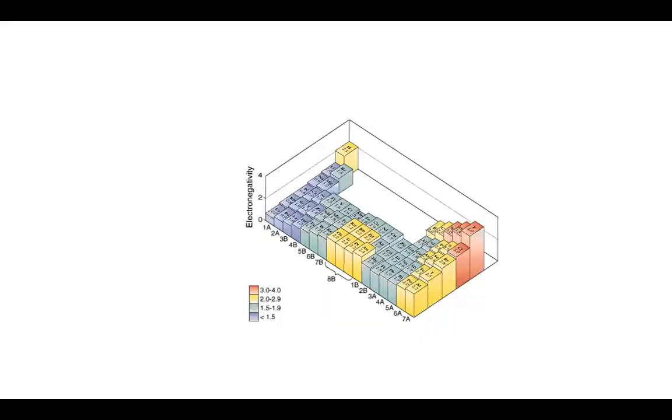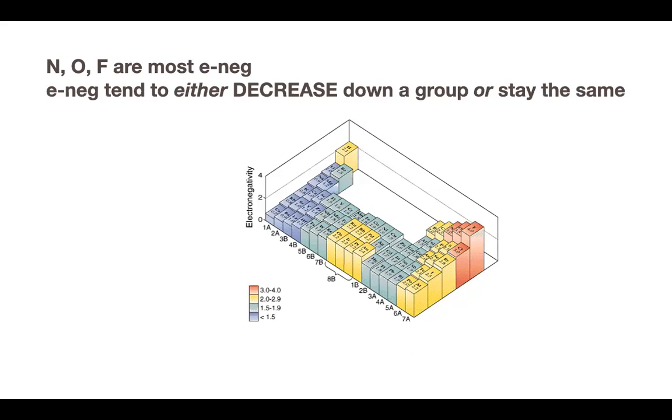So here's a nice little 3D bar graph, which shows you that all the elements in the top right corner have the highest electronegativity. Nitrogen, oxygen, and fluorine are the most electronegative, followed closely by chlorine.